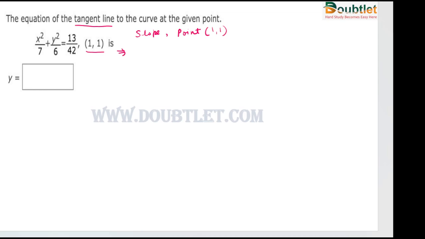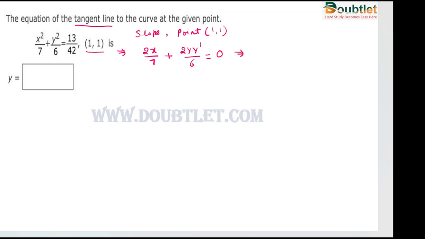To find the slope, we have to differentiate this function with respect to x both sides. Then we will obtain this equation, that is 2x divided by 7 plus 2y y dash divided by 6, and this constant term, if we differentiate with respect to x, then here we will get 0.